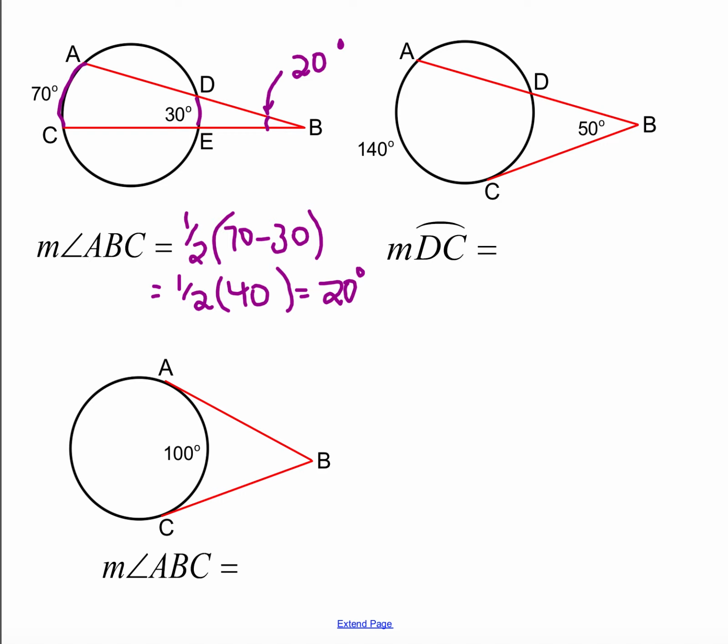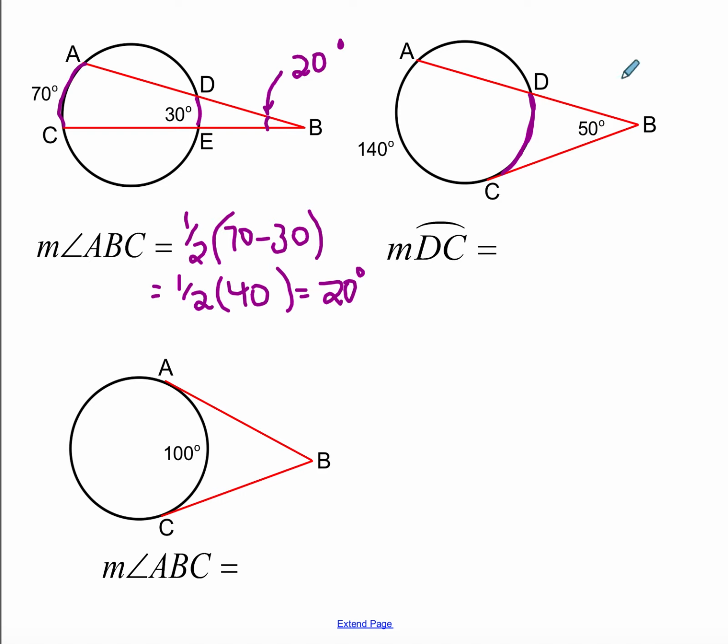Okay, now it's asking us for the measure of arc DC. You can see that's this arc right here. We need to set up theorem 10.14 for this circle, and what we have is a secant and a tangent, so theorem 10.14 does apply.